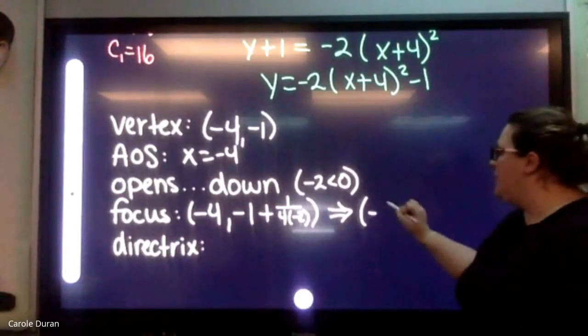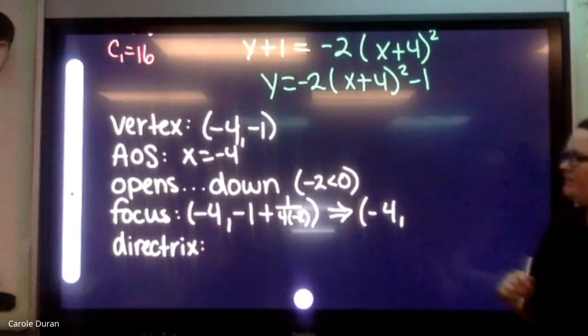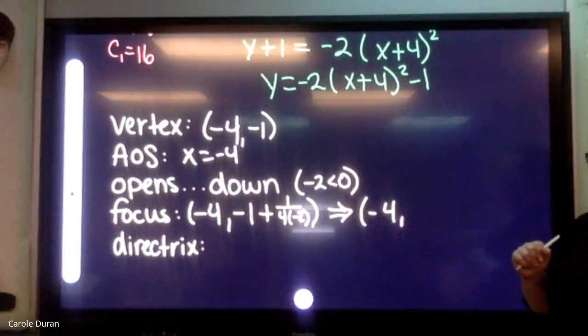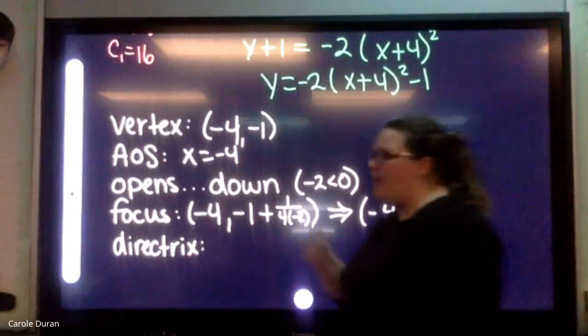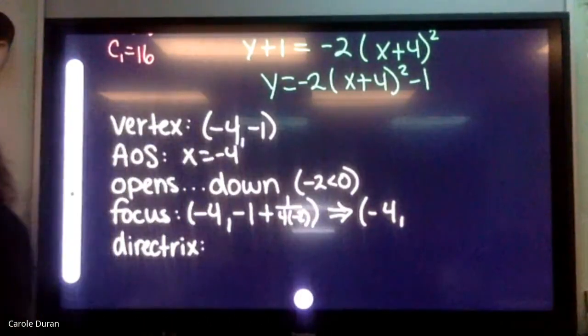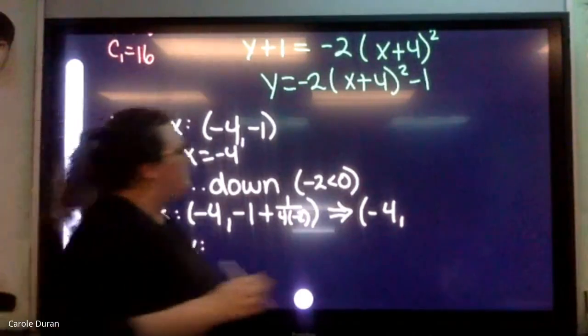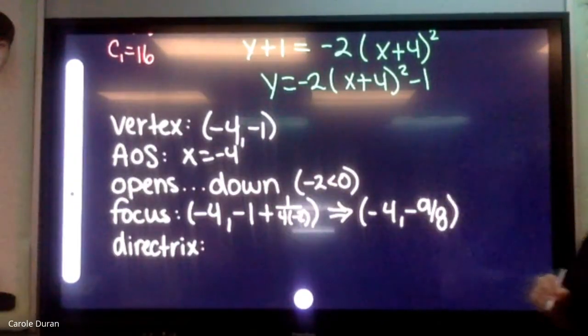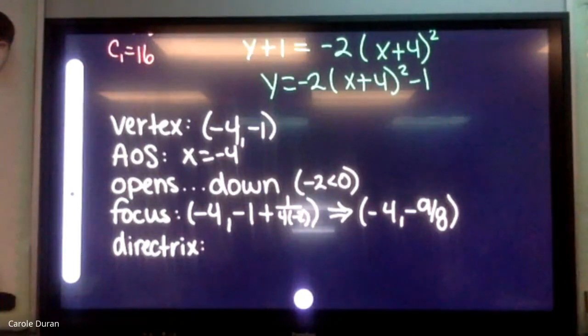So the -4, again, still stays the same. 4 times -2 is -8. 1 over -8, when I add it to -1, equals -9/8, which is the same as -1 and 1/8. So my focus should be -9/8. You can also turn that into a decimal if you so choose. Questions on the focus?